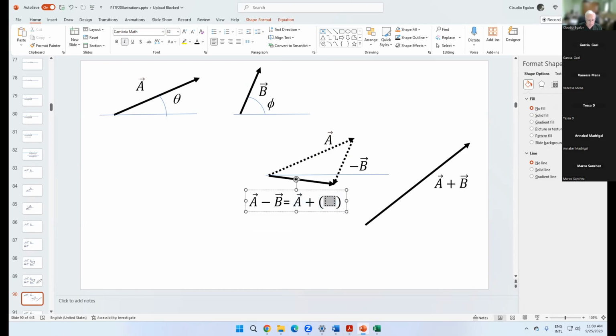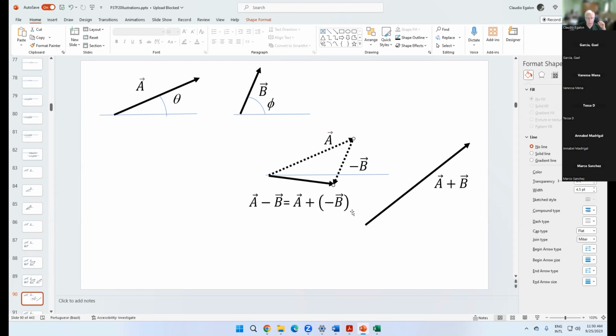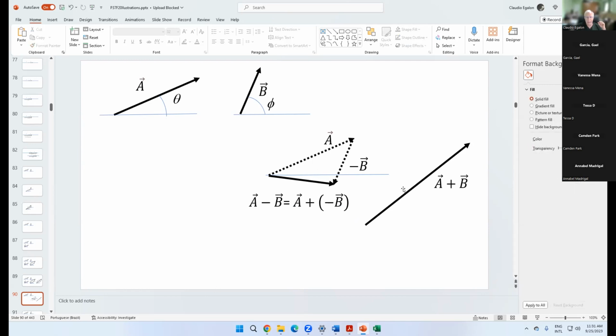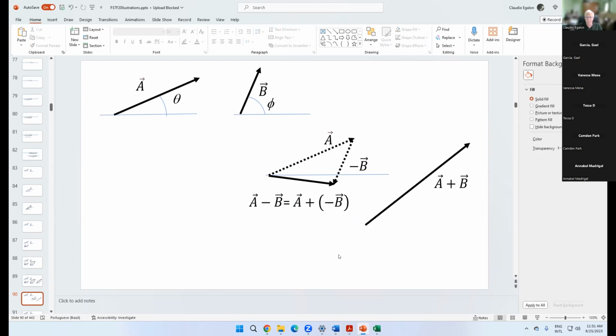So in order to come up with the subtraction of two vectors, all you have to do is get the summation of A with the negative of B. Okay? If A is in this direction, the negative B is going to be in this direction, and the resulting vector is going to be this one right in here. For comparison purposes, note that A plus B is different from A minus B.